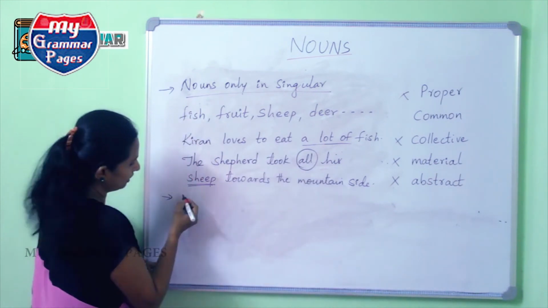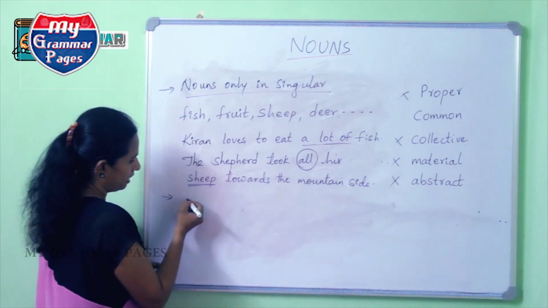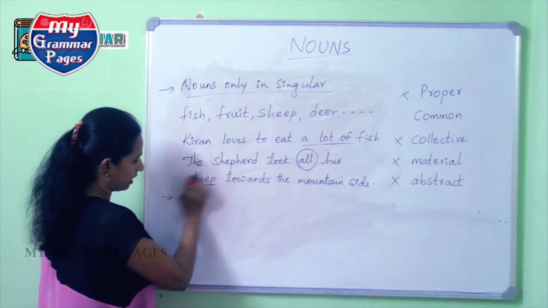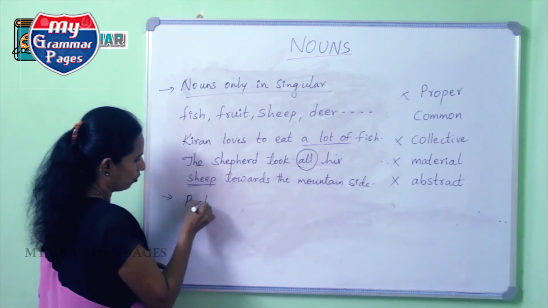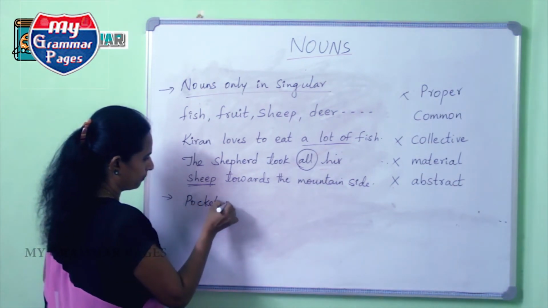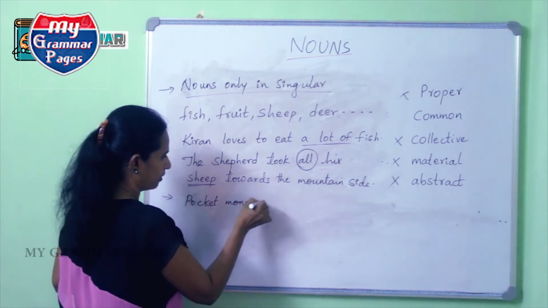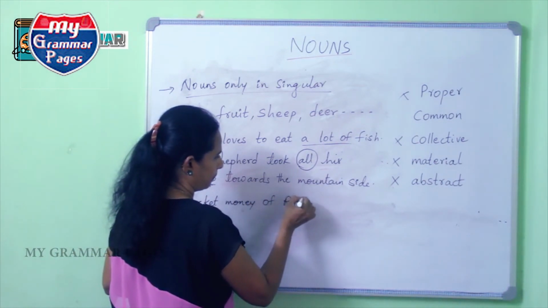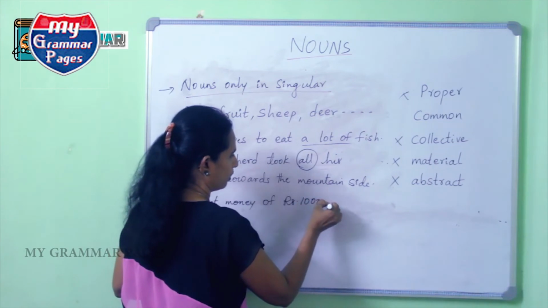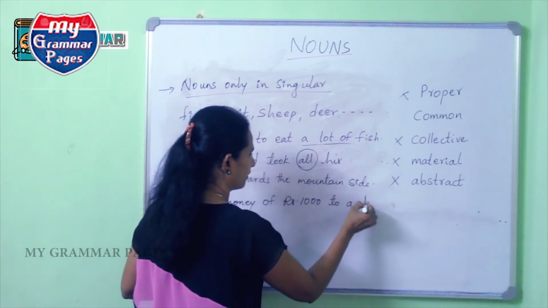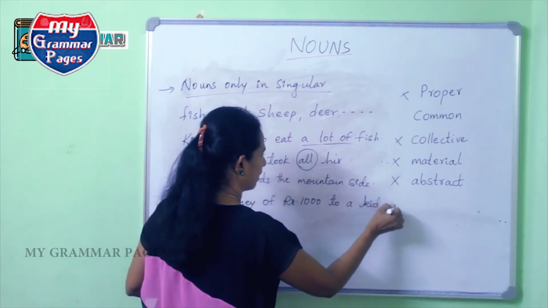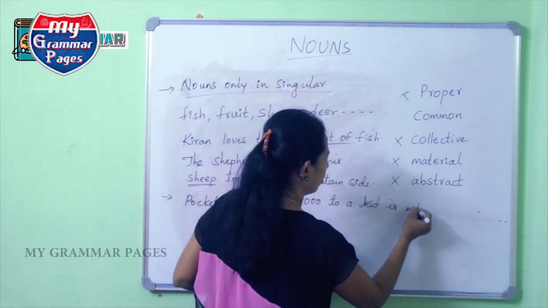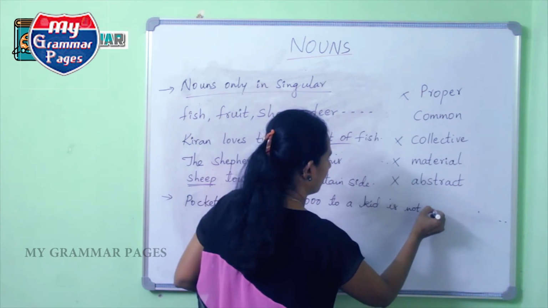There is one more rule, that is: the pocket money of rupees 1,000 to a kid is not appreciable.